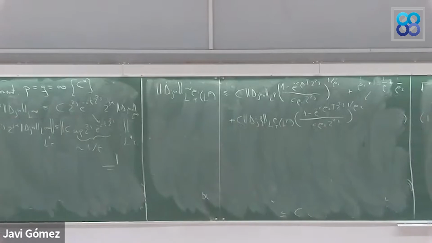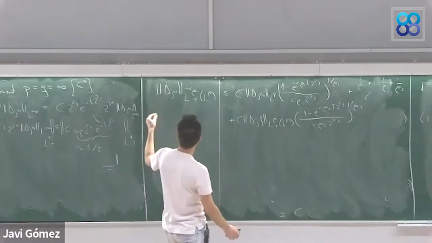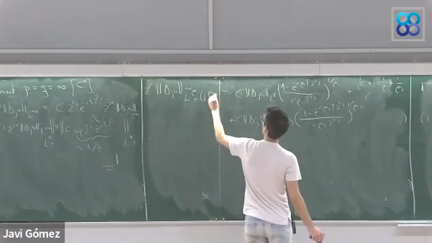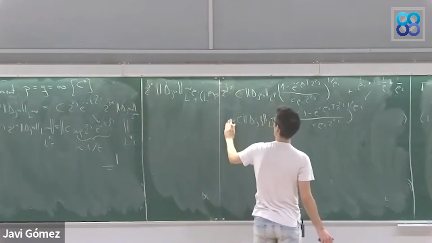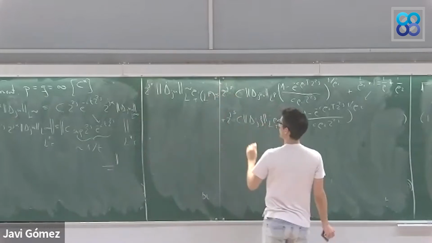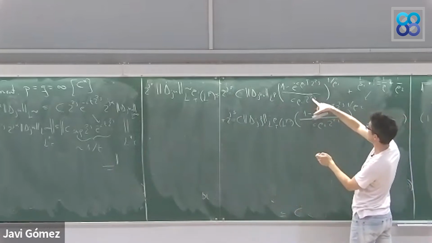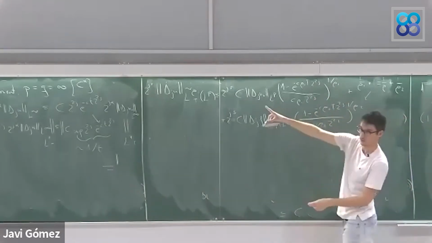Now, put the S derivatives and take the L norm. I'm going to take here 2jx. Now this factor of 2 to the power 2 over rho 1 to the other side.